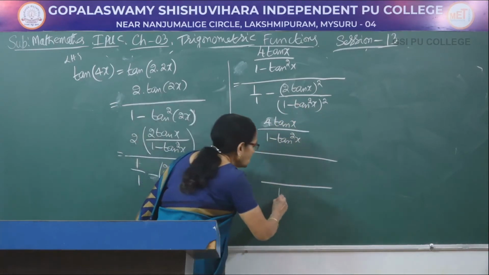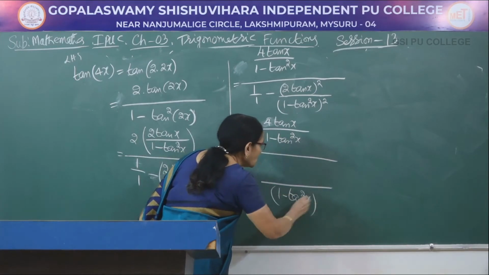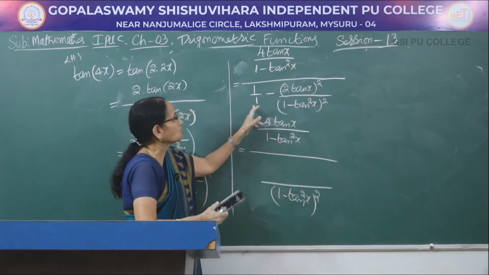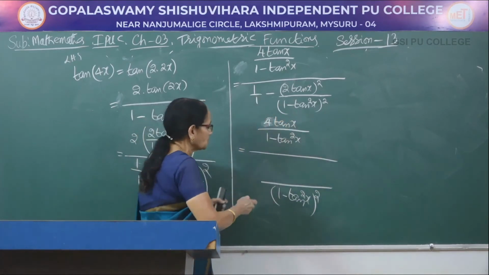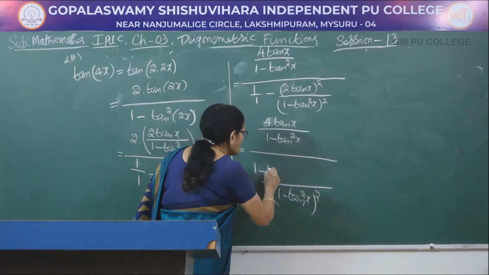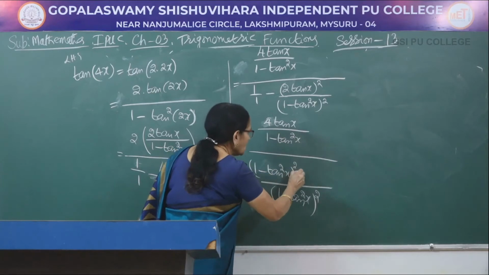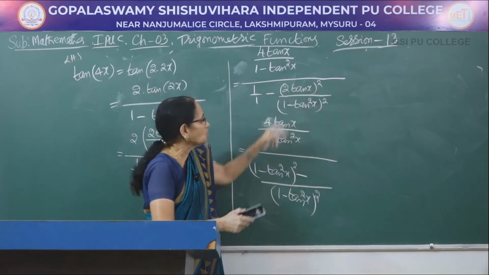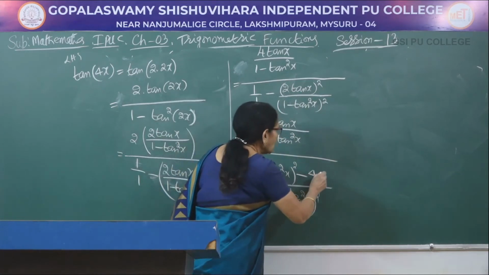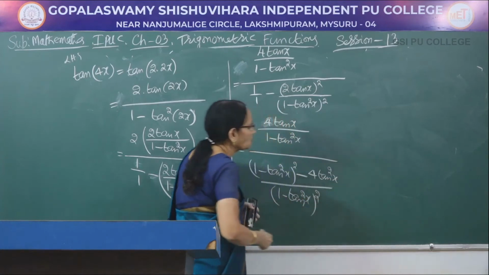Now, 1 minus tan square x the whole square is the LCM. This is one denominator, this is the other denominator. So it is 1 into this, that is 1 minus tan square x the whole square, minus 2 tan x the whole square here. 2 square means 4 and tan x whole square means tan square x.